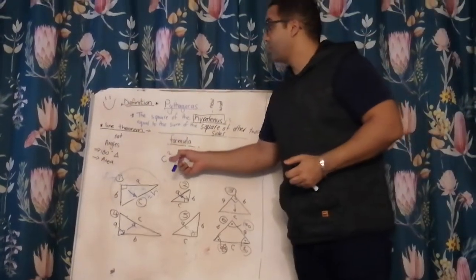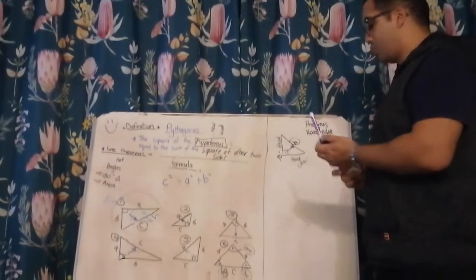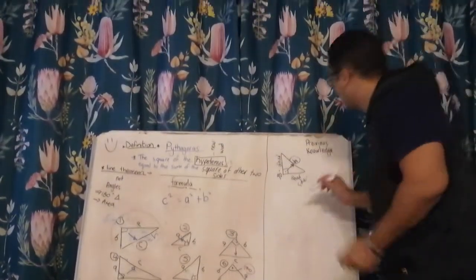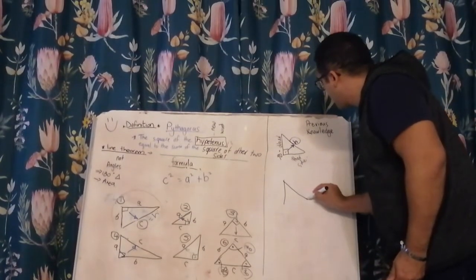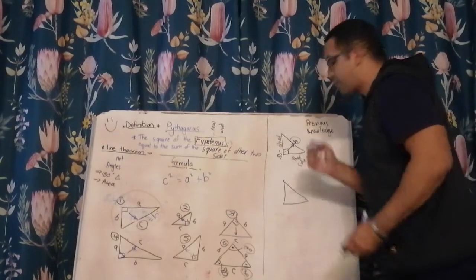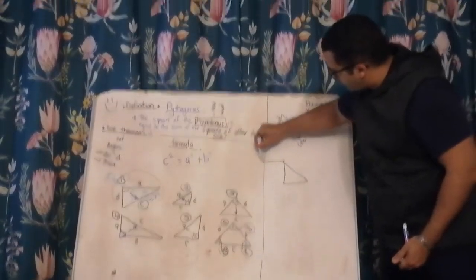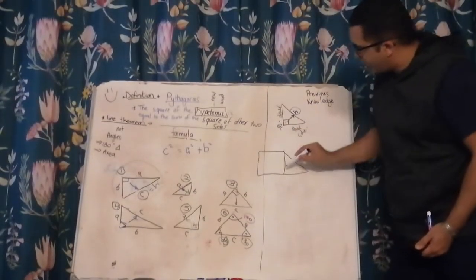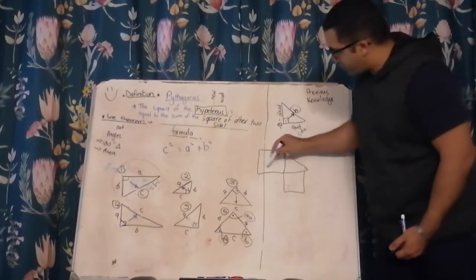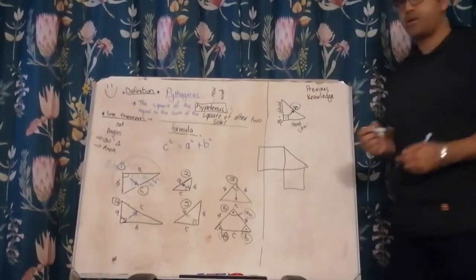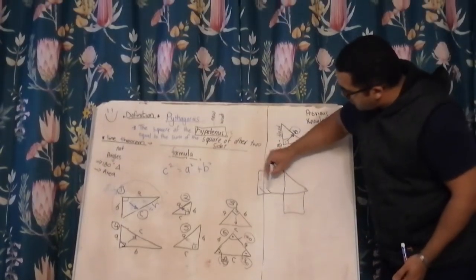This squaring actually shows that it's about areas. If I draw a triangle, this is how Pythagoras actually worked it out. He said that the area, and we obviously know what an area is, is the space inside of the actual block over there.